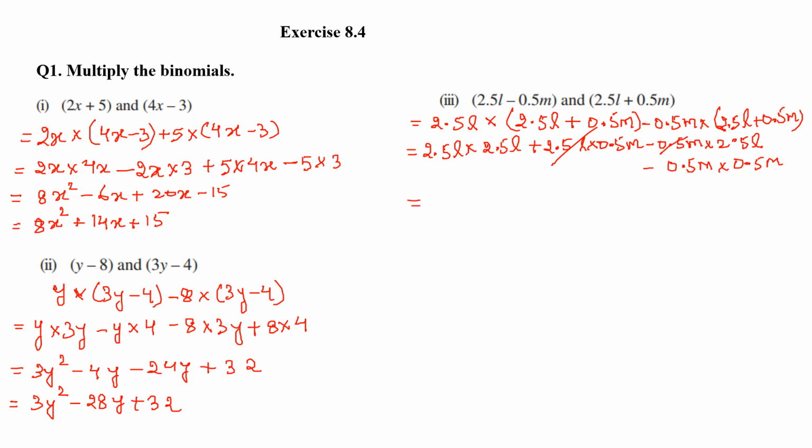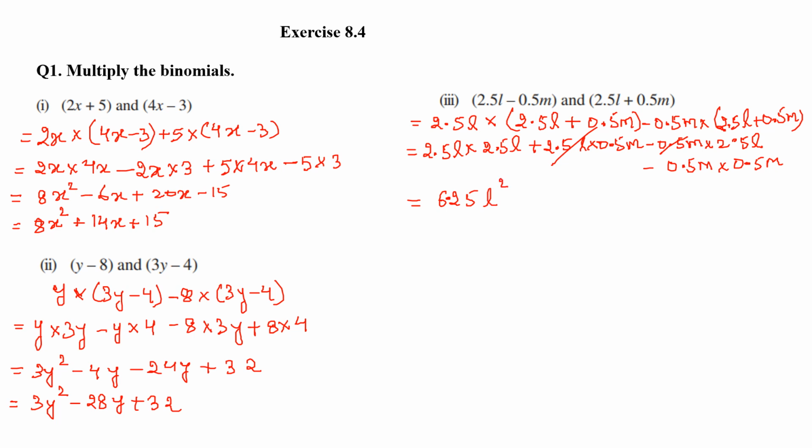So now I am left with 2.5L into 2.5L. We know that 25 square is 625. Here after the decimal there is 1 digit, here also 1 digit, so 1 plus 1, 2. So we have to place the decimal point in such a way that there are 2 digits after it. So I place the decimal point between 6 and 2. So 6.25 L square.